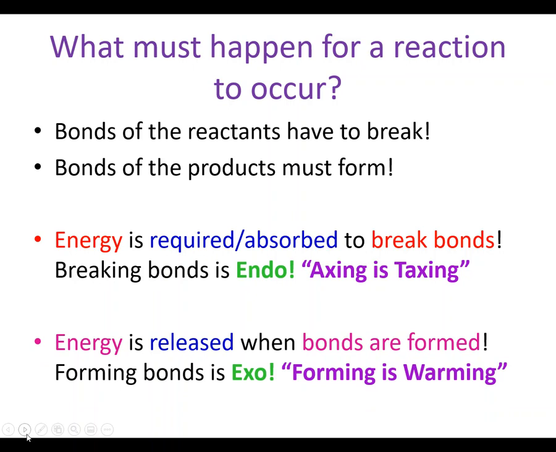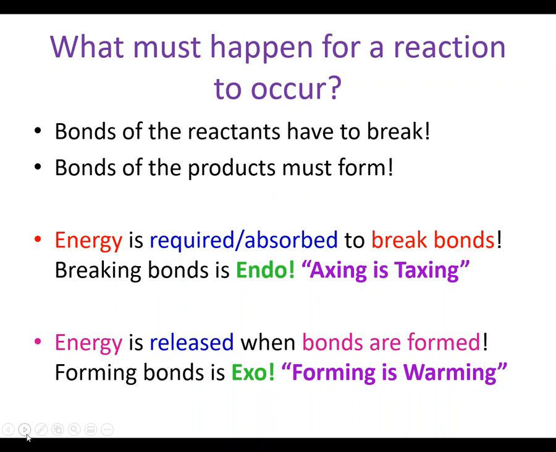So when a reaction occurs, you have both of these processes taking place. You have the bonds breaking in the reactants, you have the bonds forming in the products. Whichever value is higher is what's going to give the overall delta H of the reaction. So if the energy of the bonds being broken is higher than the bond energy being formed, your delta H is going to be positive, and so the overall reaction would be endothermic.